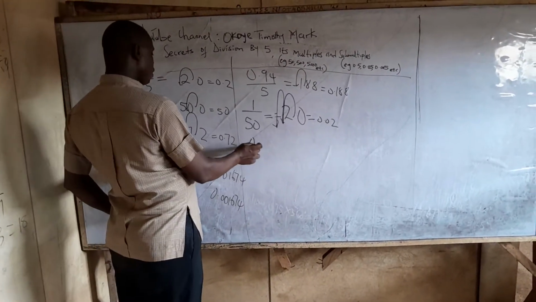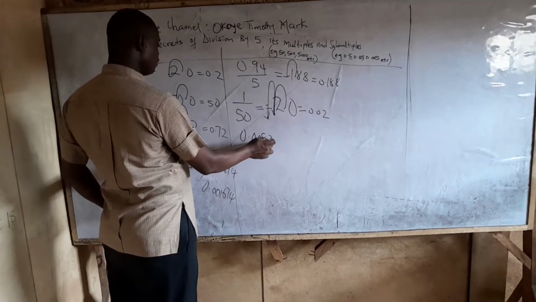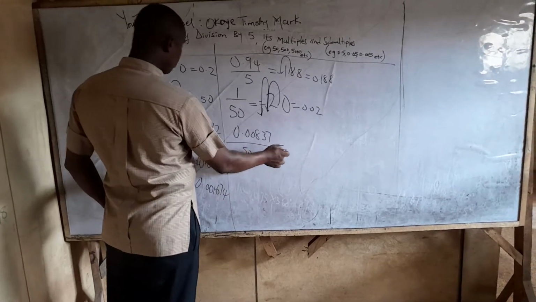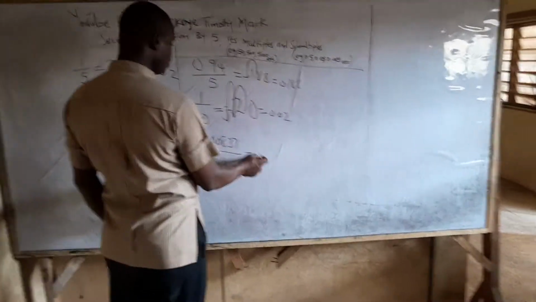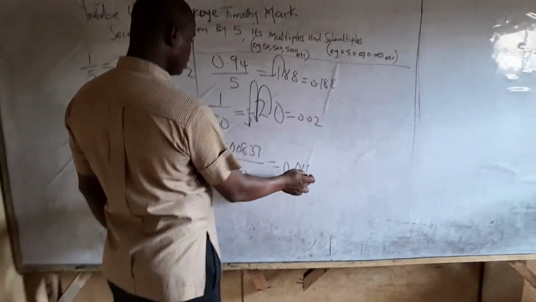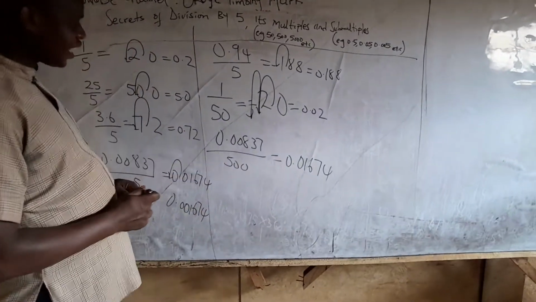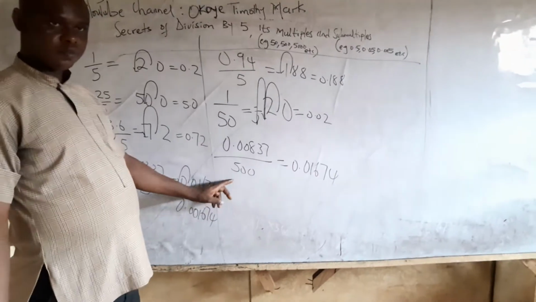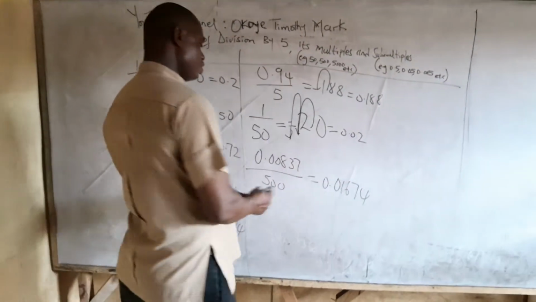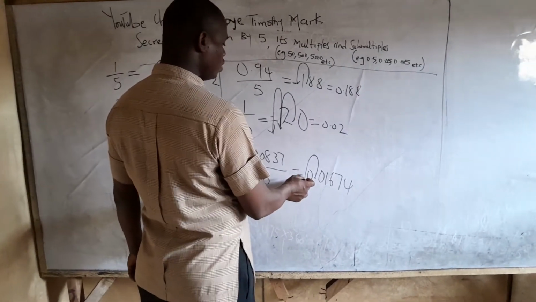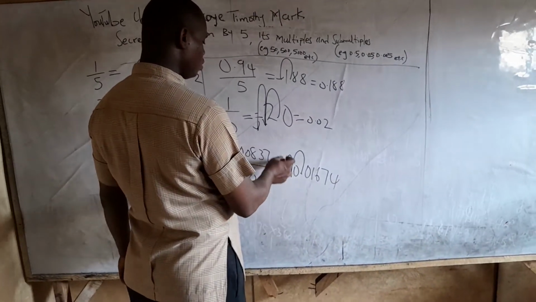So like now 0.00837, and I want to divide by 500. I'll double the number as usual, 0.01674, and I'll shift it how many decimal places backwards? 3, because 500 has 3 digits. So if I shift here 1, it becomes 0.00, shift again 2 and 3.